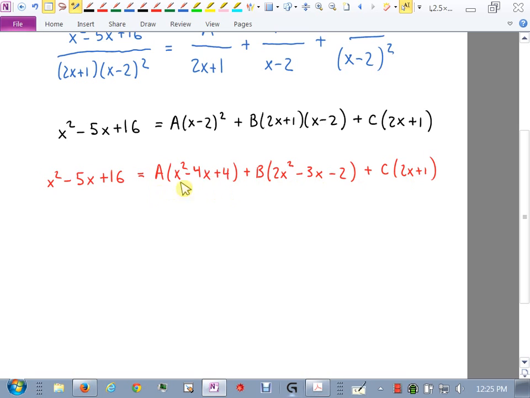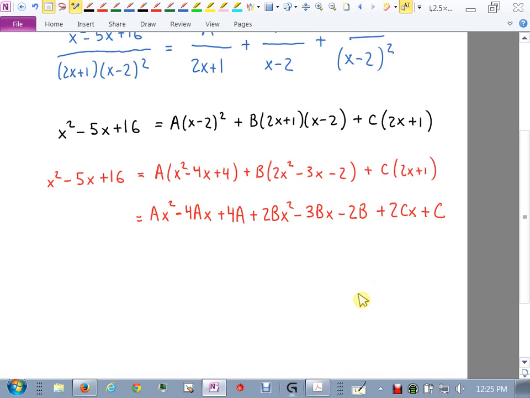And then I'm going to distribute my a through, my b through, and my c through. When I distribute a through, I get ax squared minus 4ax plus 4a plus 2bx squared minus 3bx minus 2b plus 2cx plus c.